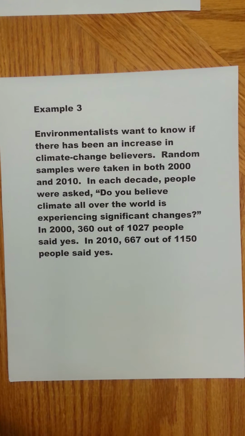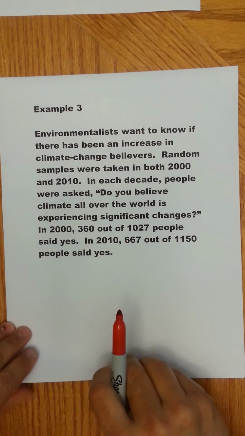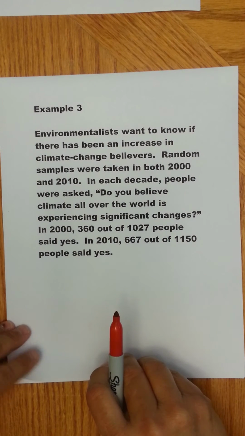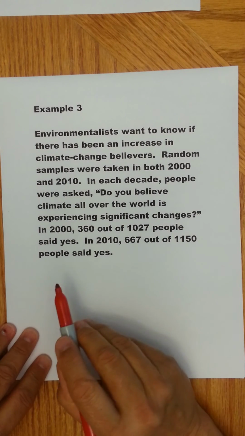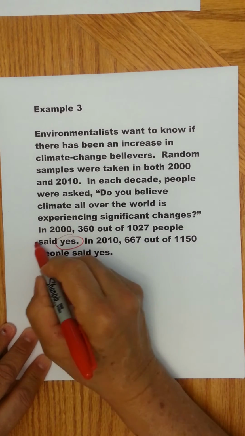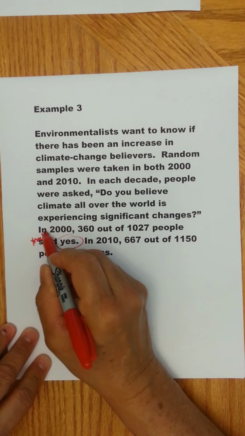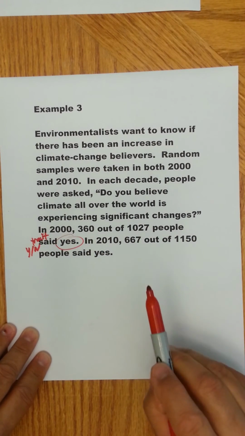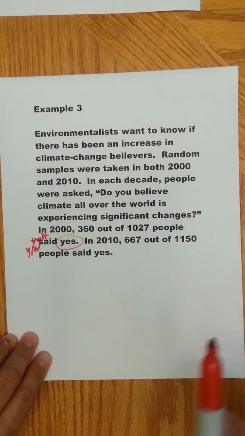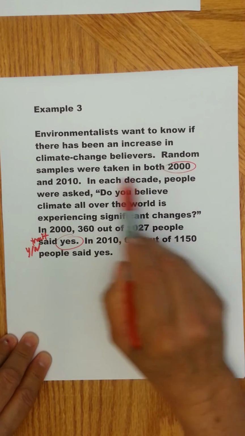In 2010, 667 people out of 1,150 people said yes. So the trait is whether you believe in climate change or not because you said yes. So technically saying yes is your trait, but we understand that it's really that you're a believer versus not. And then your two populations are the ones in 2000 and 2010, right?